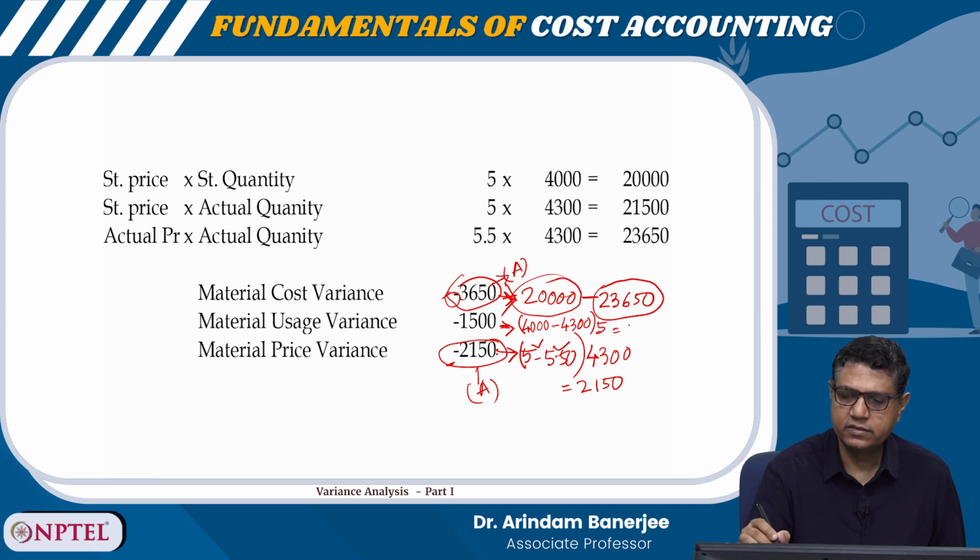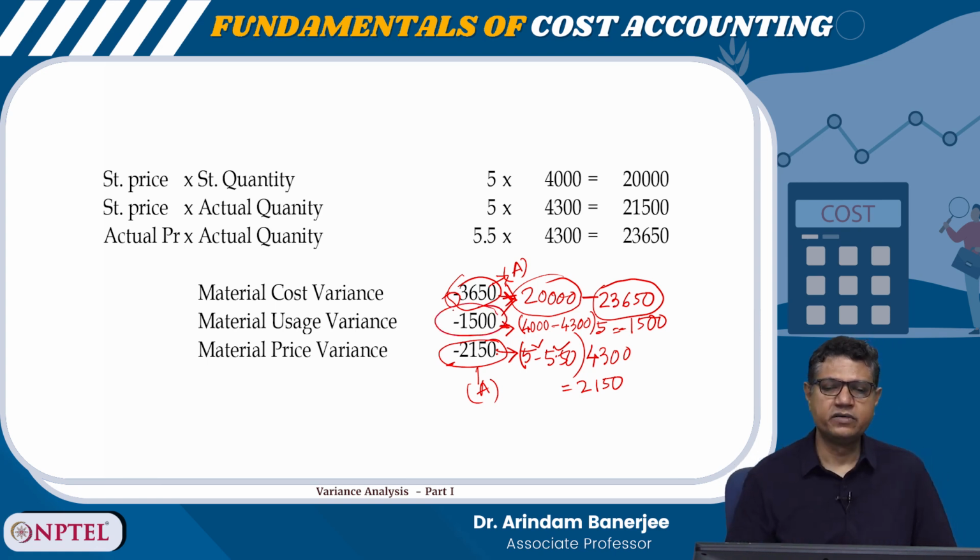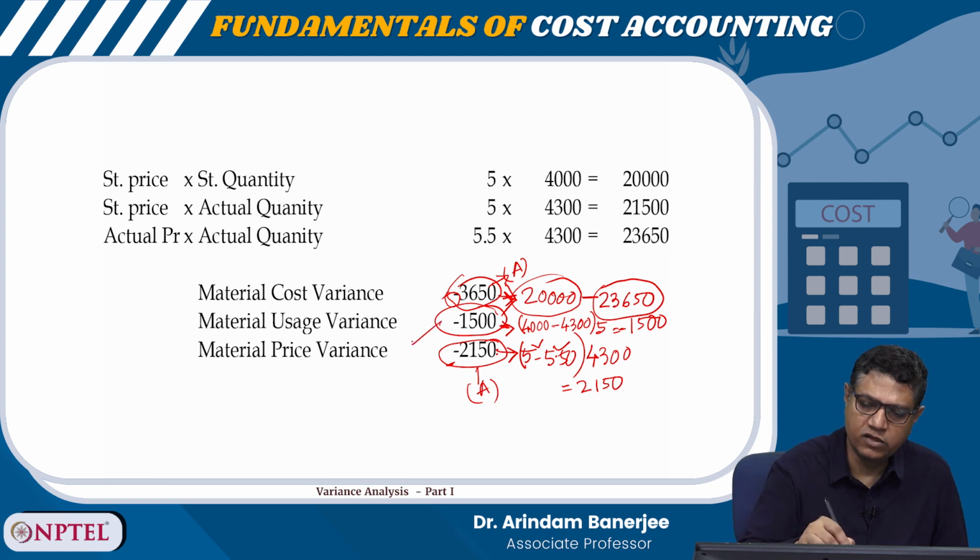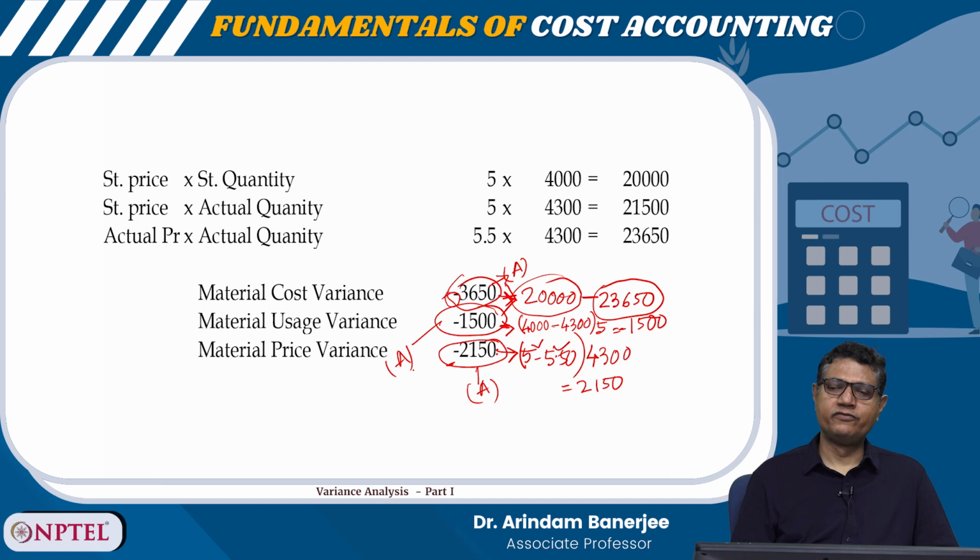So it is 1500, and it is negative because actual usage is more than the standard usage. So this is 1500 adverse. This is also adverse, right? This is the material usage variance.